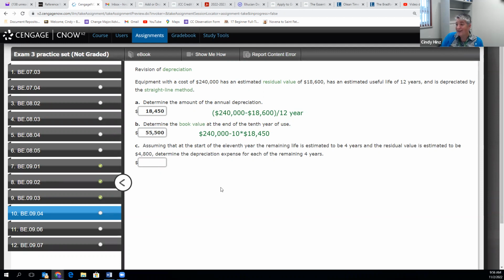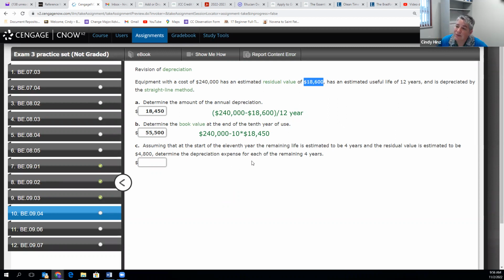Now remember, at the end of the 10th year, we had still expected to use it for 12 years. So we expected 2 more years of recording $18,450 a year. And at the end of that 2 more years, our book value would have been $18,600, exactly what we said at the beginning that it would be worth.